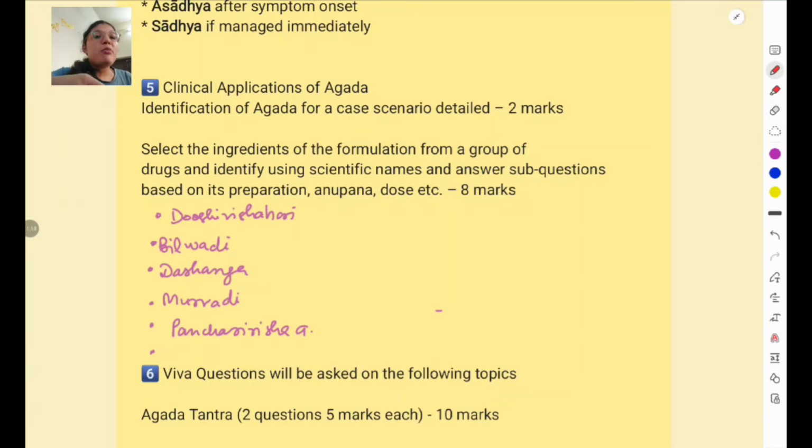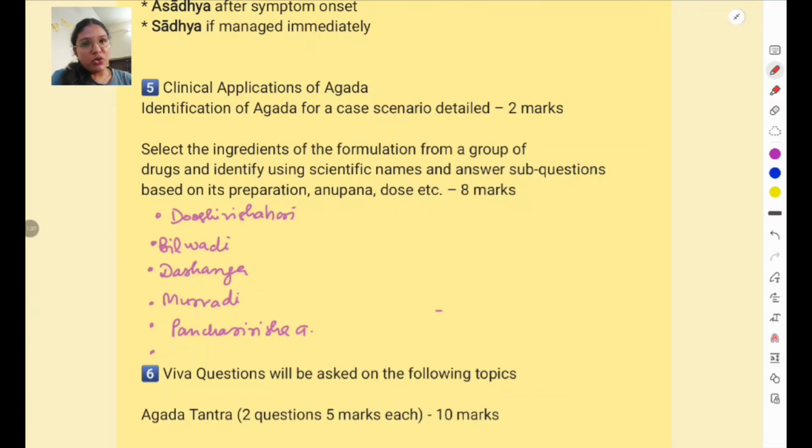Then 8 marks constitute writing the scientific name and sub-questions based on that particular preparation. For example, if an Agada has 10 ingredients, you have to write the botanical name and family of the 10 ingredients, which part is used in that Agada, the procedure, the indication, or maybe some modern correlation.